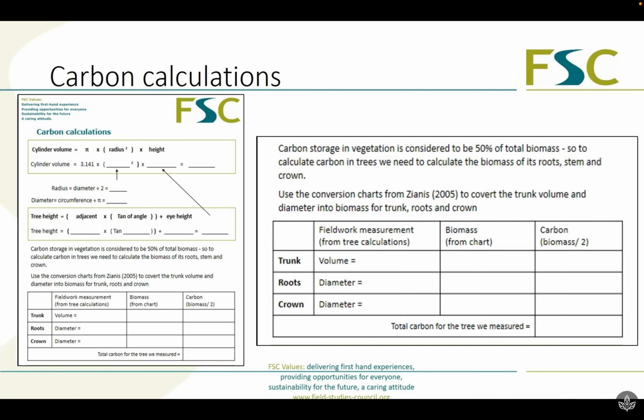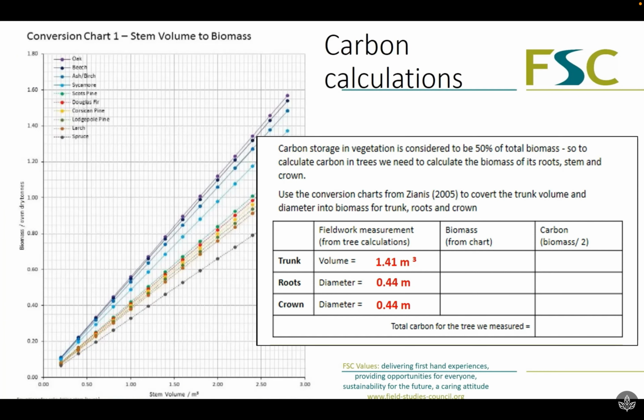So the next stage is to go back to the charts provided by Giannis and work out what that means for biomass and therefore what that means for carbon. So the volume of the tree was 1.41 metres cubed. The diameter, we've already worked that out, it was 0.44, and that's the same calculation that we need for the roots and for the crown. So here is our chart for the stem volumes, the first bit, the trunk.